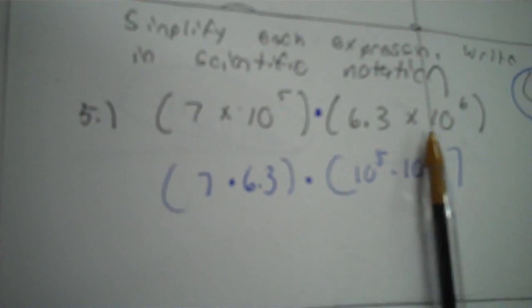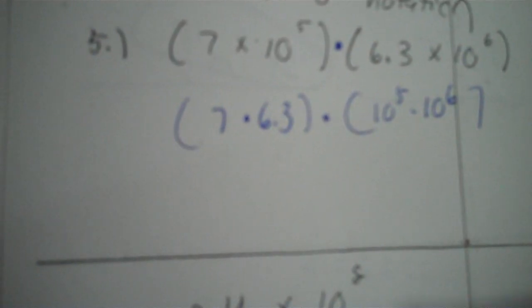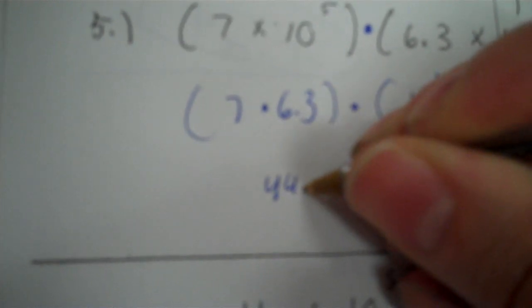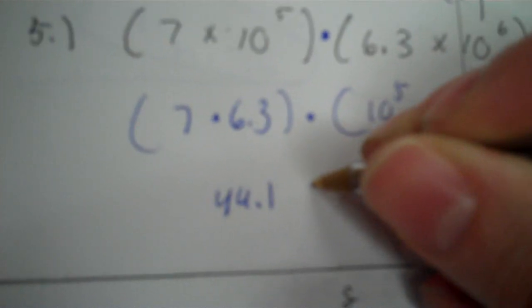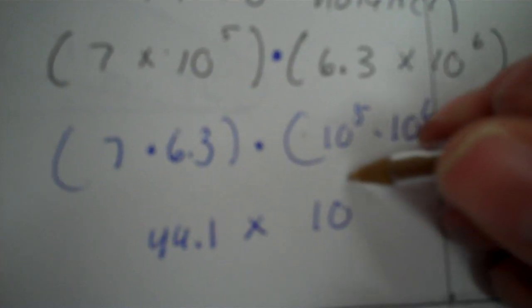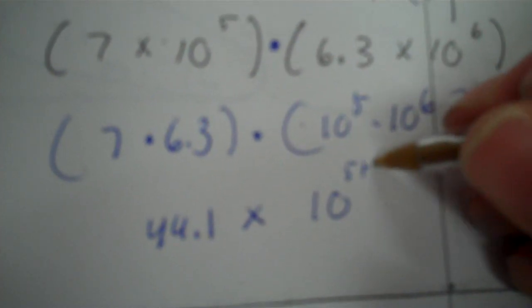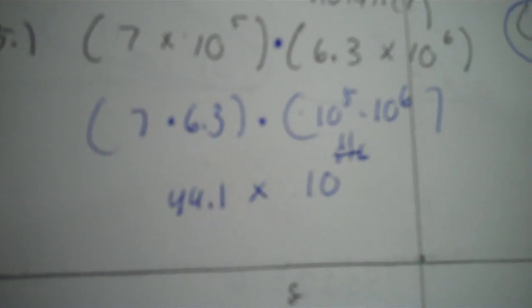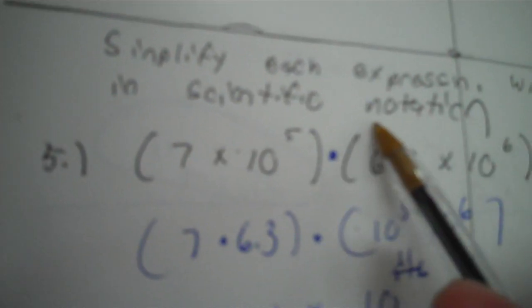So I multiply the 7 and the 6.3, 44.1. Then to multiply my base 10s, put a times sign. You got 10 and you add the 5 and the 6. You can put a dot or a times, it doesn't matter. And that's 11. Okay, so now it says you have to have the answer in scientific notation, but you see, in scientific notation, you have to find the first number that's not 0 going this way, and we have a 4.